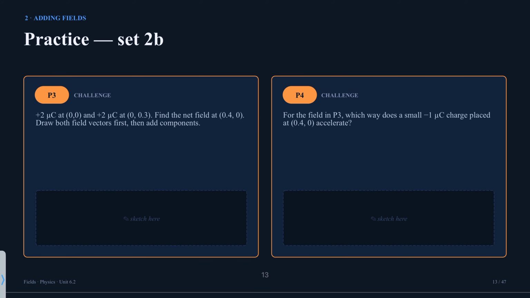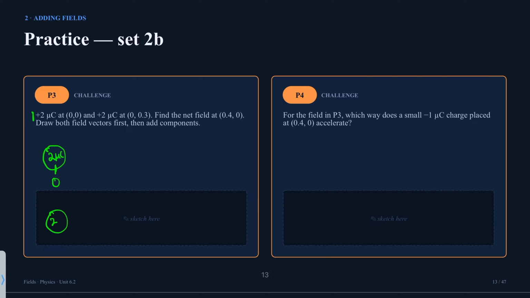Okay? So let's look at practice 2P actually. We have 2 microcoulomb at 0, 0, okay? Positive 2 here. So let me actually draw that out before I do anything. 2 microcoulomb at 0, 0. Actually, you can consider this as starting from the origin. And then we have 2 microcoulomb at 0, 0.3.